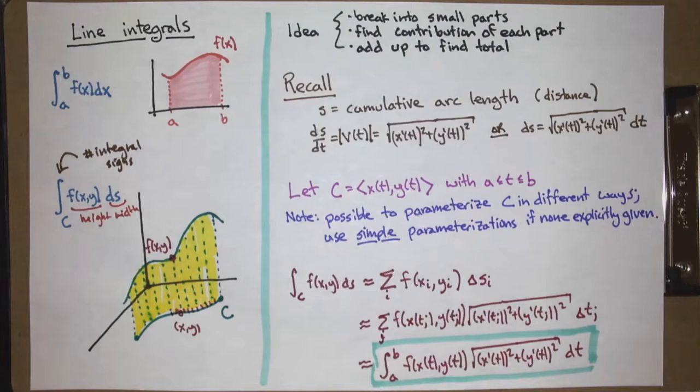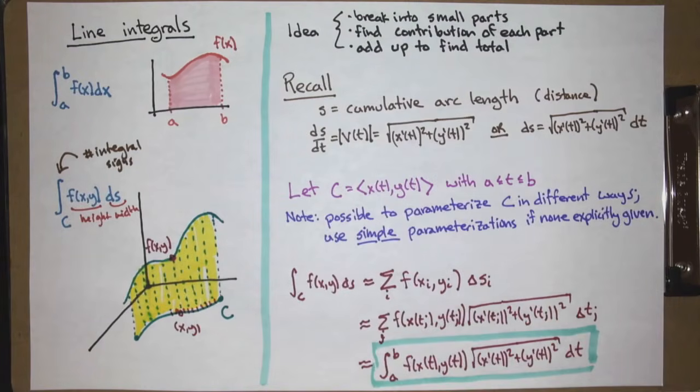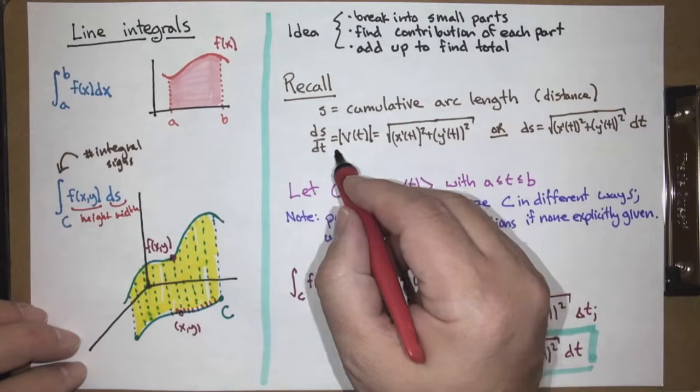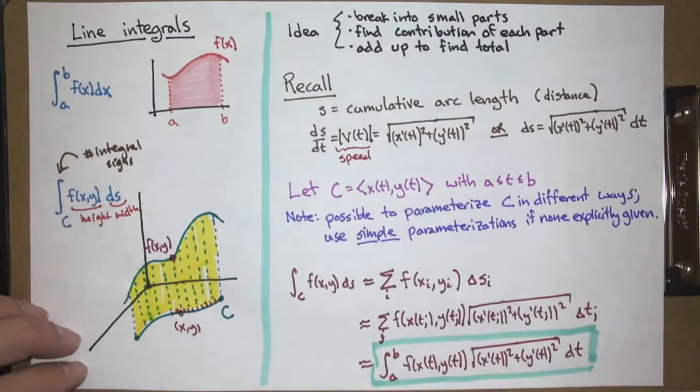Well, if you think of S as distance, take the derivative of distance with respect to time. Derivative of distance with respect to time, what are you measuring? Well, it's not quite velocity. What is it? It's speed.